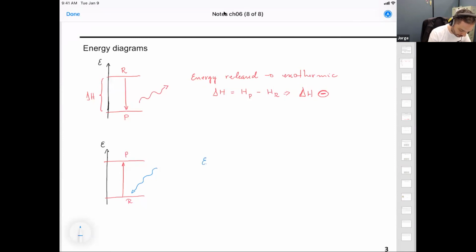So therefore, in this kind of system, energy is absorbed. When energy is absorbed, the energy level of products is higher than the energy level of reagents, and we call this kind of reaction endothermic.